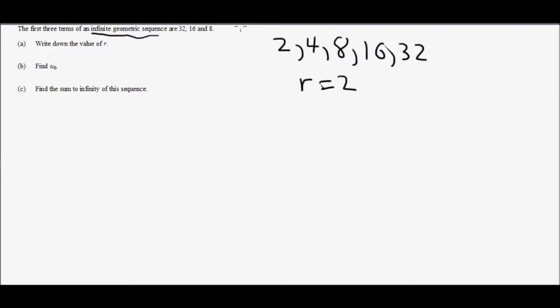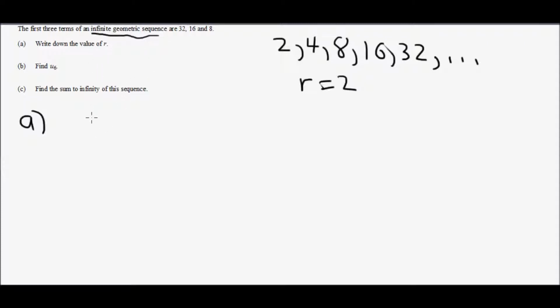Now, an infinite geometric sequence is actually quite simple. It's just a geometric sequence that goes on pretty much forever and forever and forever. So let's go to A. It says write down the value of r.